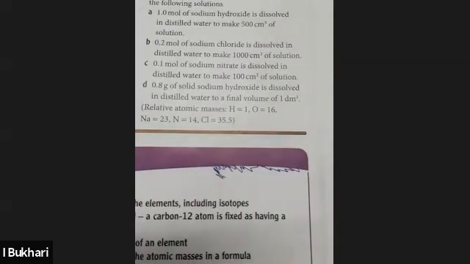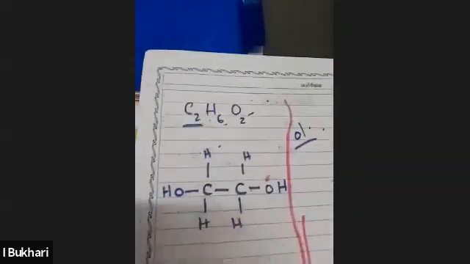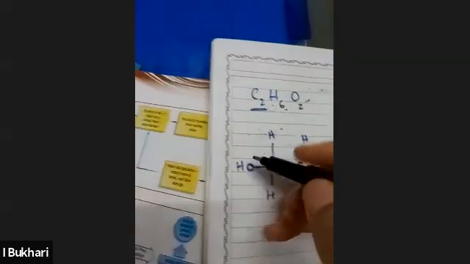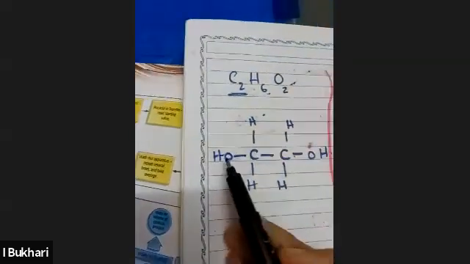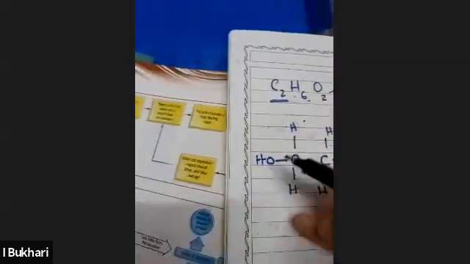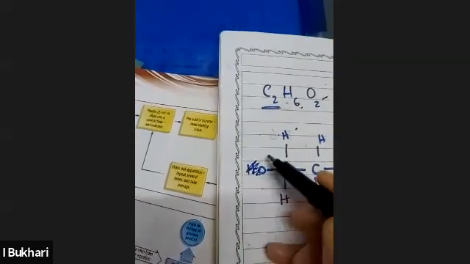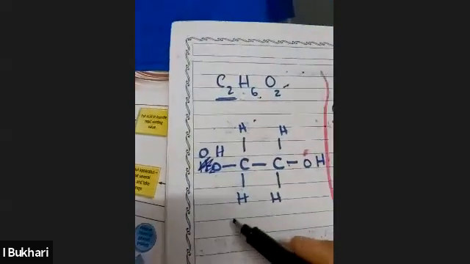Why didn't you write OH? You wrote HO instead. Very good, Hala, that's a good question. Why did I write OH? Because only oxygen can have 2 bonds. If I had written HO, what would that show?